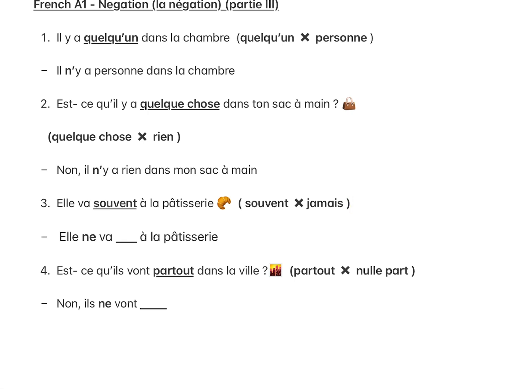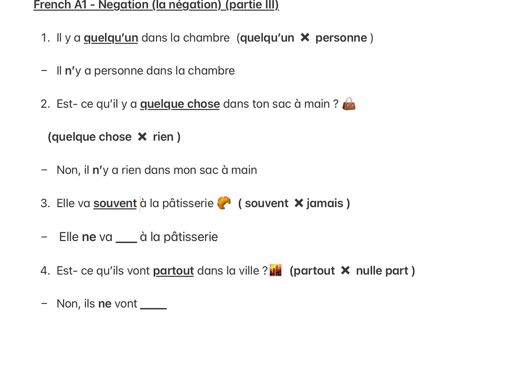Elle va souvent à la pâtisserie. She often goes to the pastry shop. Again, our focus is on souvent, which means often. So to make this sentence in the negative form, it would be, she never goes to the pastry shop.